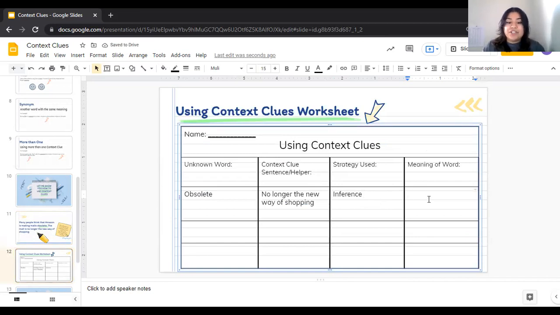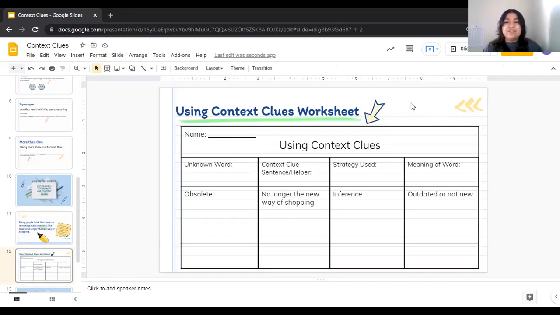And then for meaning, a word doesn't have to be exact, just so long as you have a good idea what the word means, that's what you're going to write down in this column. So for me, I am going to write down outdated or not new, right? And I feel confident about that as my definition for the word, because I feel like I made a really good educated guess by using this context clue right here. Okay, so that's how you're going to fill this out.